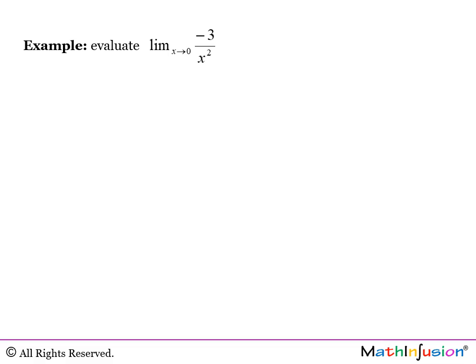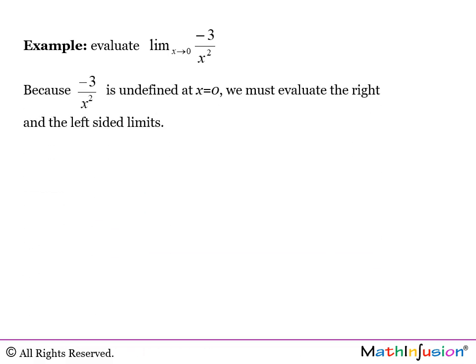Example, evaluate the limit of negative 3 over x to the power of 2 when x approaches 0. Again, you cannot just substitute 0, so we must evaluate the right and the left-sided limits. From the right side of 0, we get negative 3 over 0 plus to the power of 2. So it is negative infinity because we have negative from the 3.